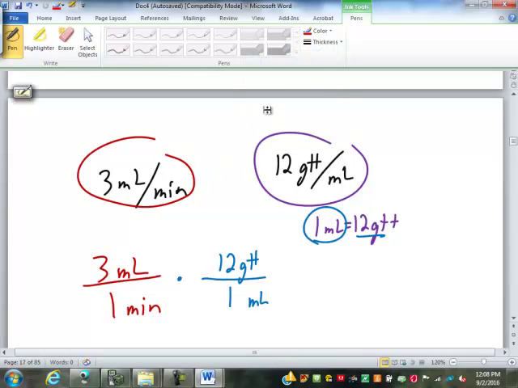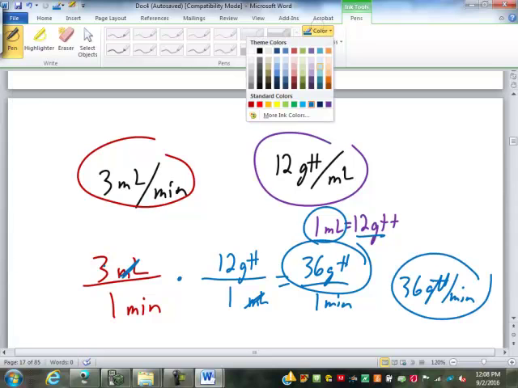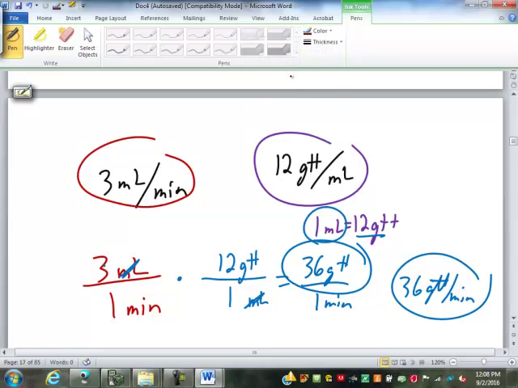So we can cancel out the milliliters. It's not 12 drops though, it's 3 times 12 is 36 drops over 1 minute. So 36 drops per minute. This tool, which is just cross-canceling with the labels rather than just the numbers, is called dimensional analysis.